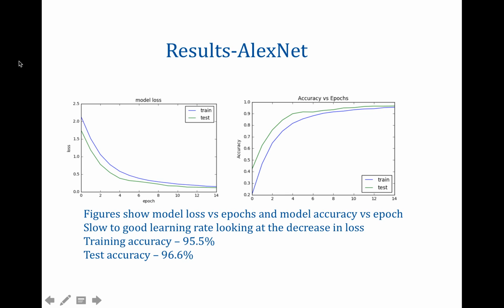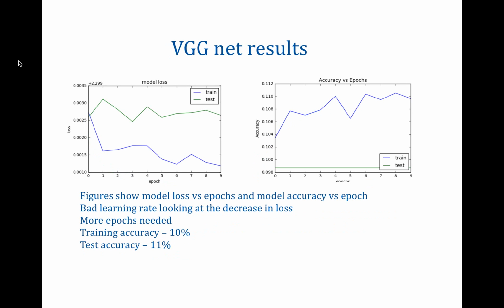Training accuracy is achieved at 95.5% and test accuracy at 96.6%. The exponential curve here we can see exactly the other way around in accuracy versus epochs.